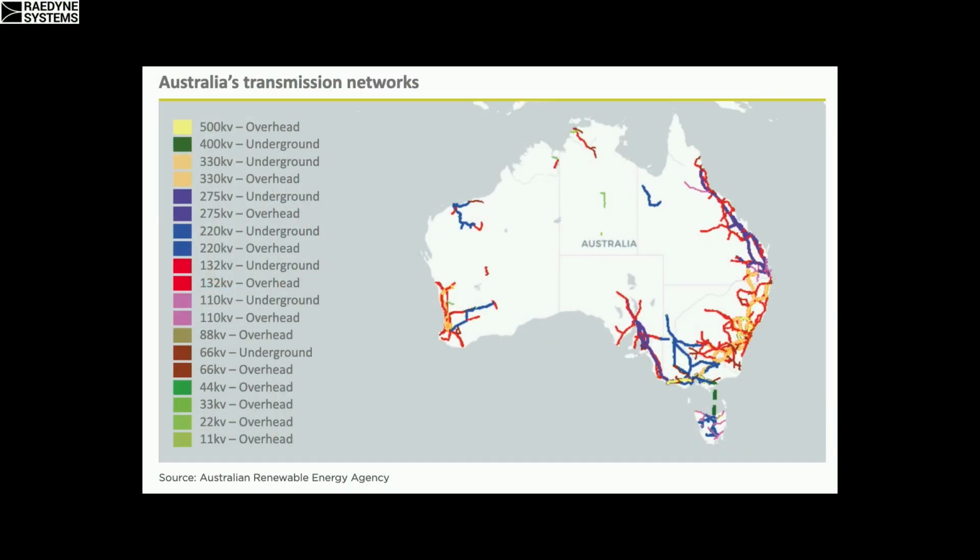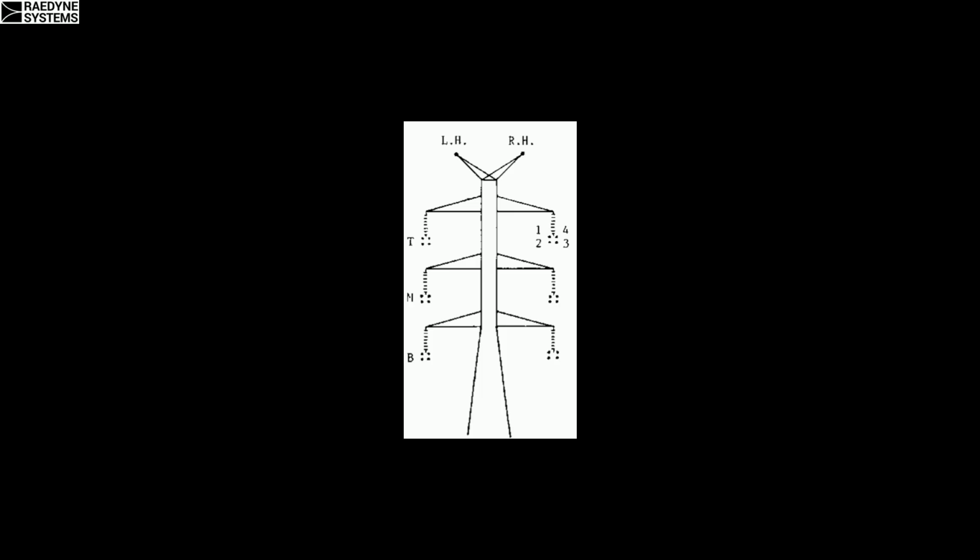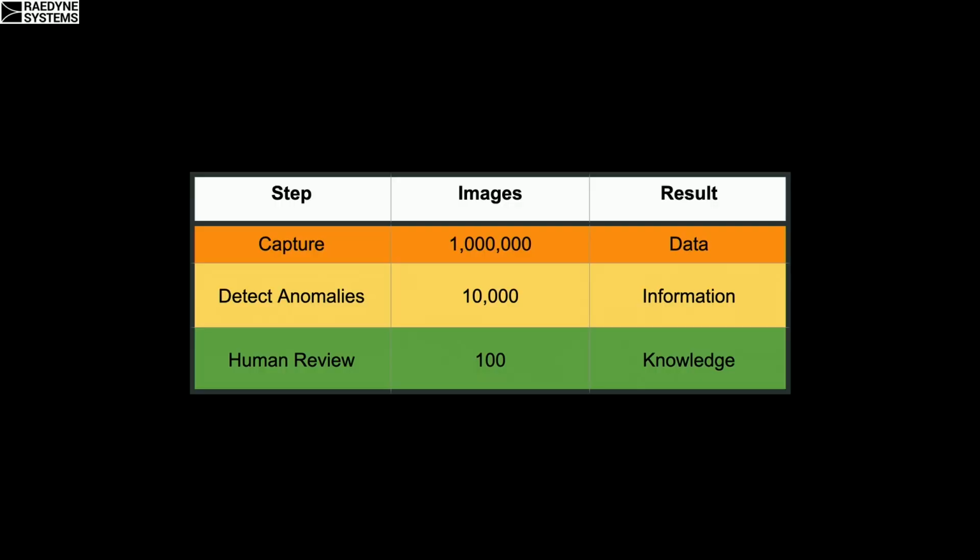And when you think about the transmission network of Australia, there's 58,000 odd kilometers of line. But that's span to span. Actual conductor distance could be 8 times higher. Like you see on this tower, there's 3 phases on each side, plus the 2 earth wires. So if you want to check those, the problem just became 8 times bigger.